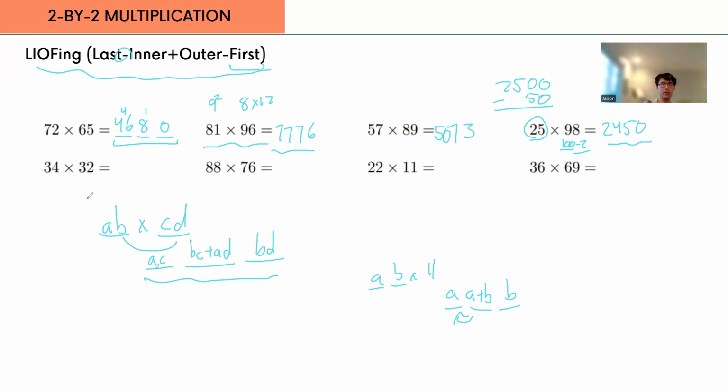For this number, we do it the normal way, 8, and the middle two is 12, the outer two is 6. So 12 plus 6 is 18. I'll carry over the 1, and 3 times 3 is 9. So this is 1088. So this one, this 8 times the 6 is 48. We carry over the 4. And then this becomes what, 56?